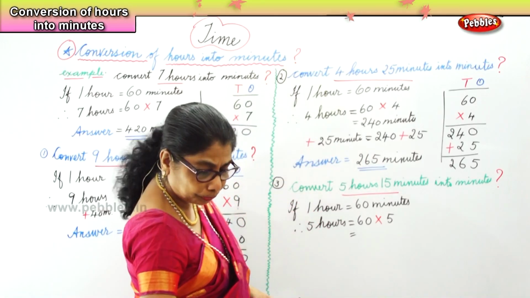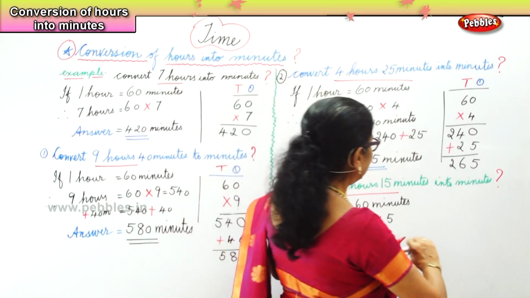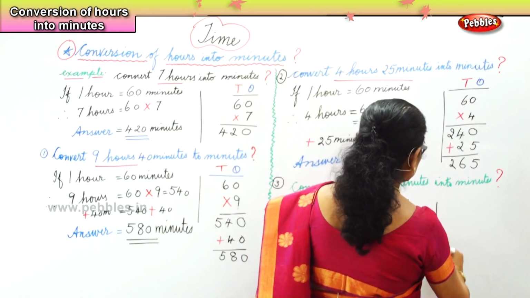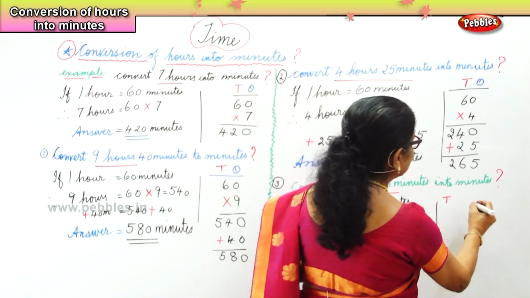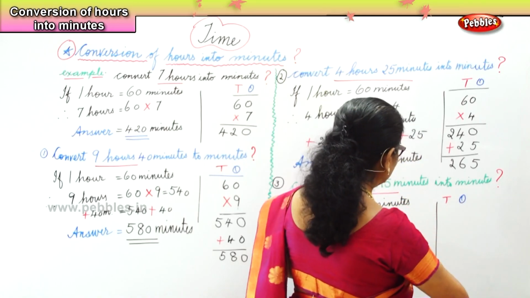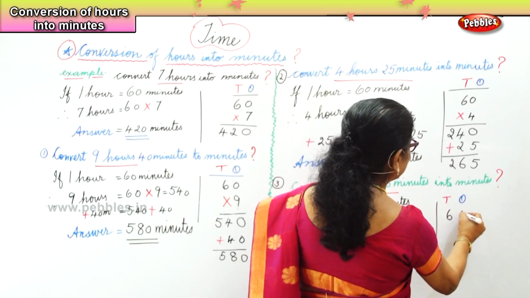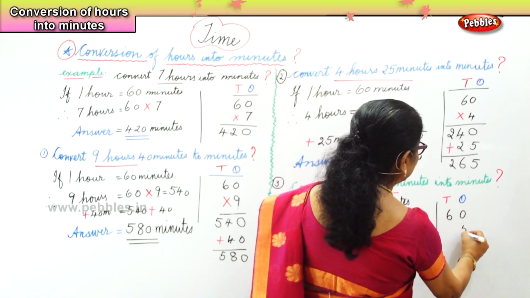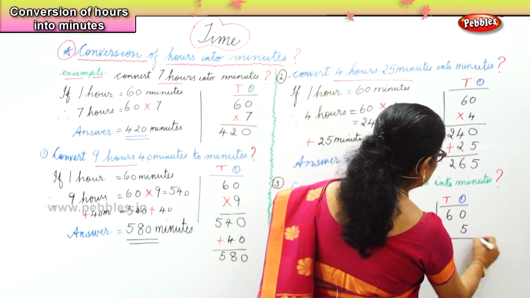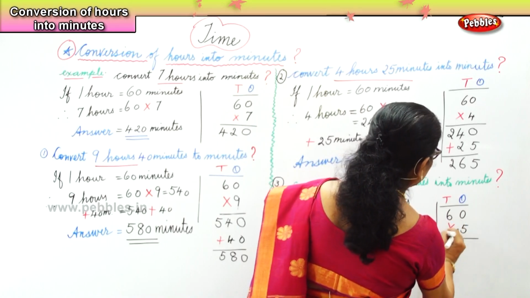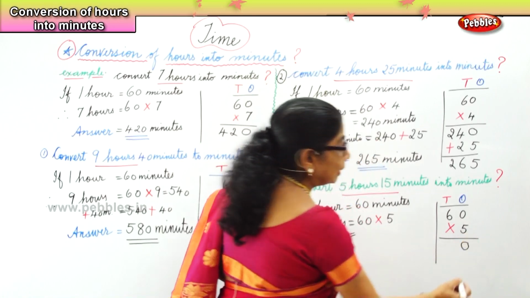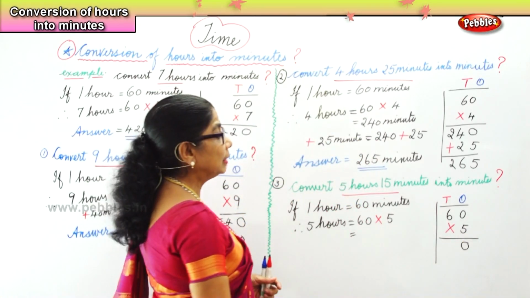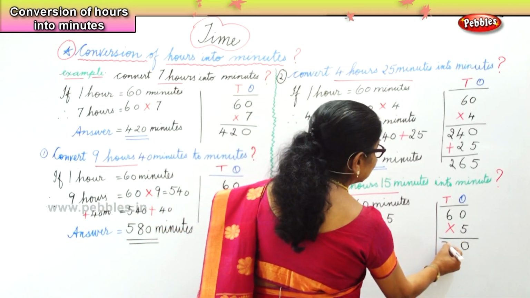Okay. Now, we have to have a margin. Then you write tens and ones and write down 60 into 5. Now, 0 into 5, the product is 0. 6 5s are 30.